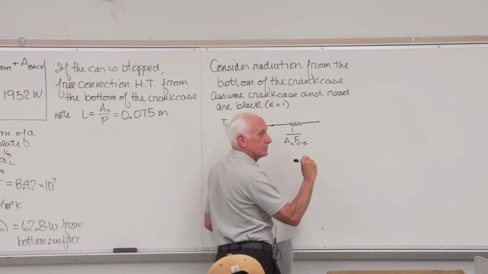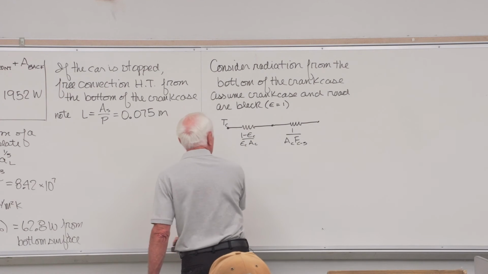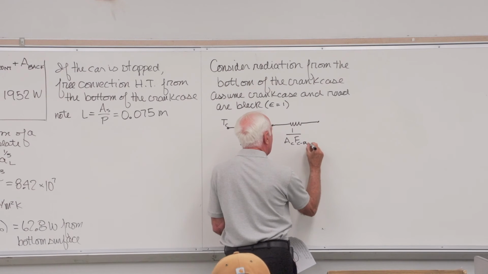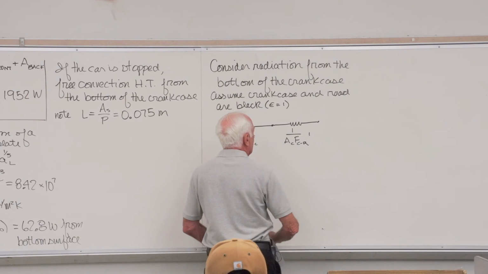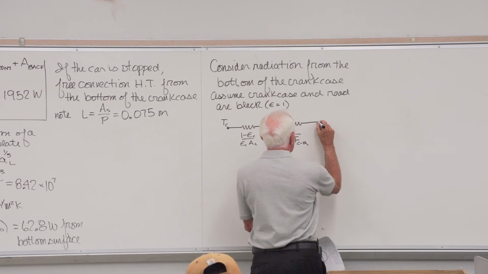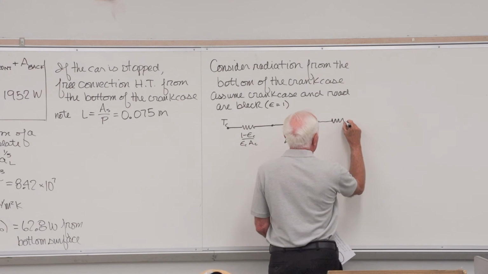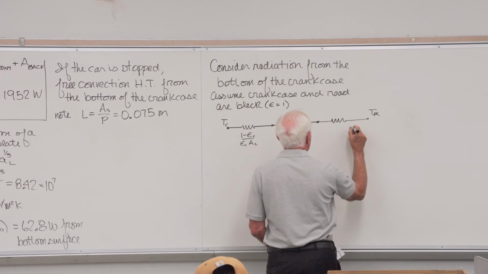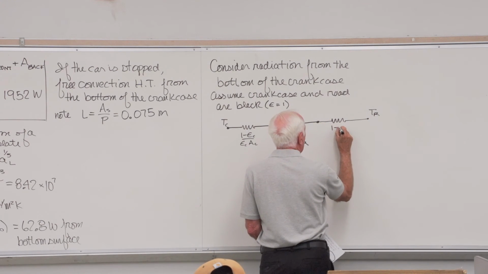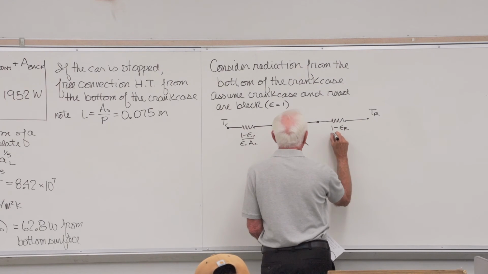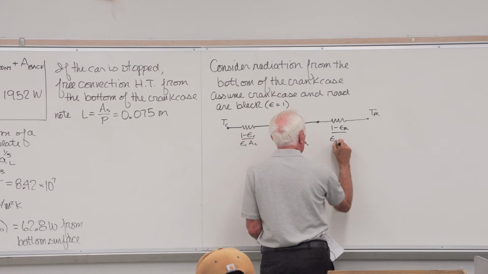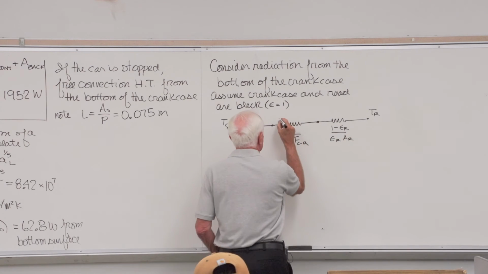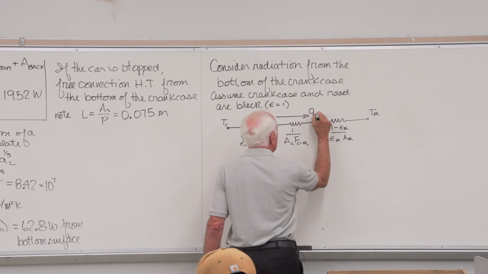I'll call it the road R. Then we have another resistance for the roadway. This is the temperature of the roadway. This is 1 minus epsilon roadway divided by epsilon roadway times area of the roadway. And this is our Q radiation.